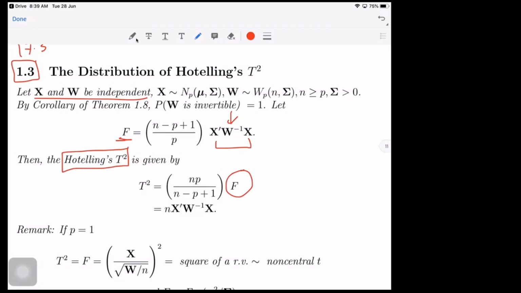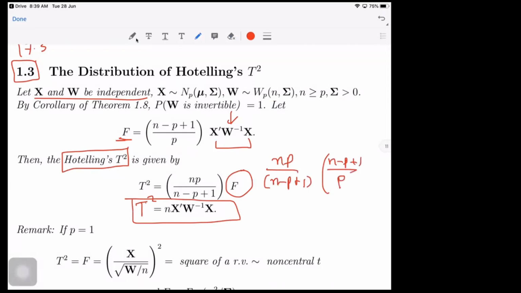Or that is equal to t squared is equal to n x prime W inverse x. So this is np times n minus p plus 1. Then your f is n minus p plus 1 over p times x prime W inverse x. So this is cancelled. So you have n, then x prime W inverse x. No?